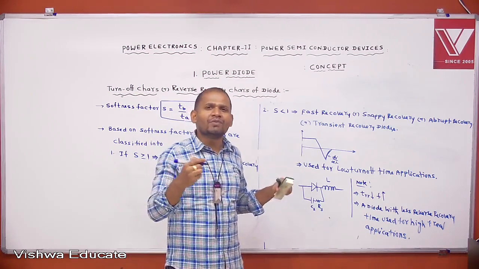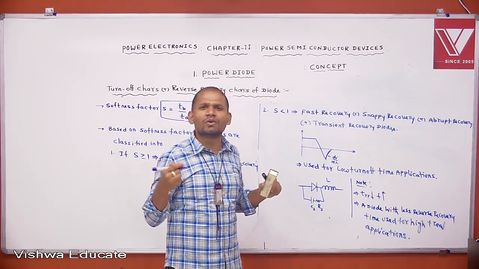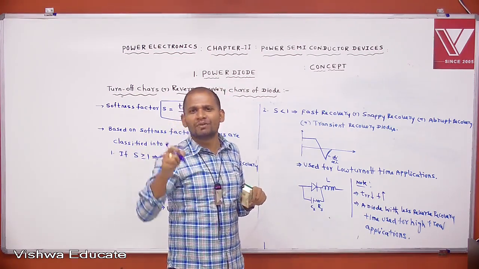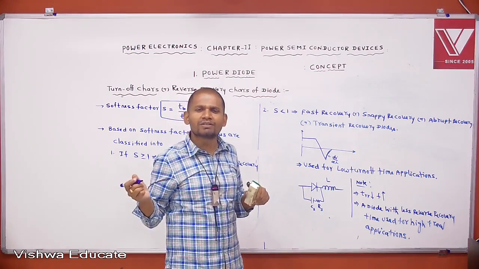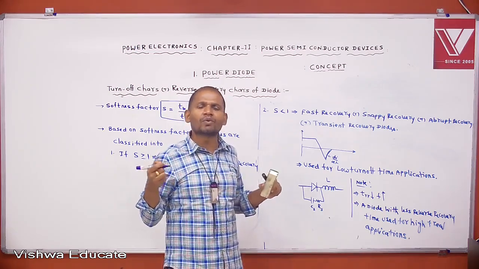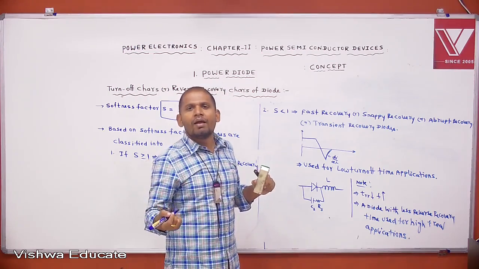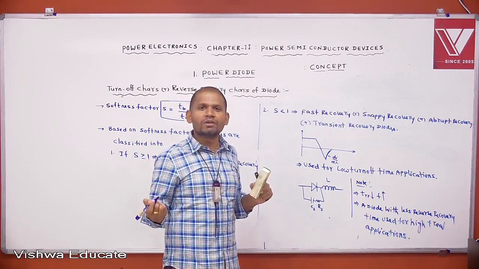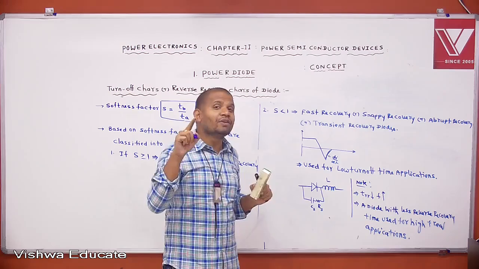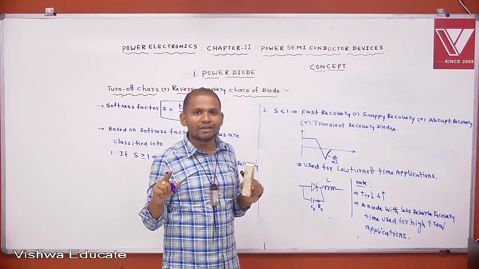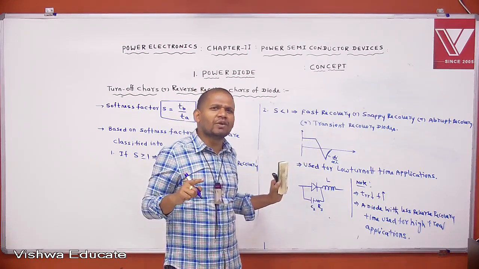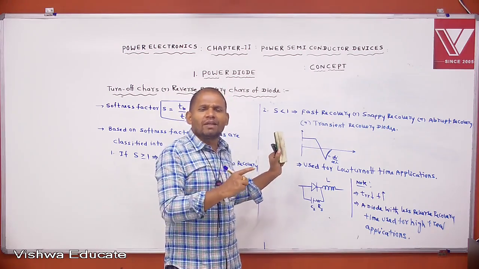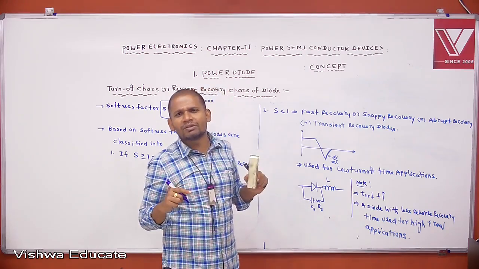High frequency diodes are mainly required in choppers and inverters, where we also use some feedback diodes and some freewheeling diodes. High frequency diodes are required in choppers and inverters, but low frequency diodes are mainly required in rectifiers and AC voltage controller circuits only.